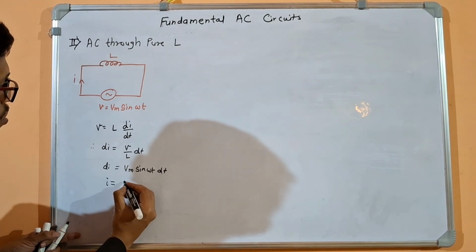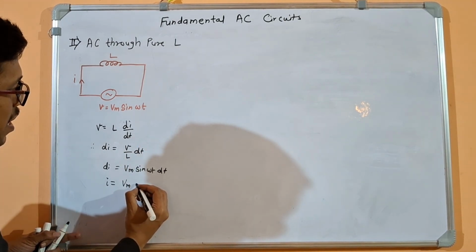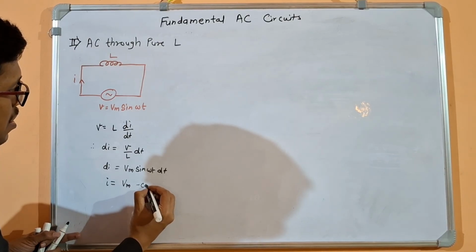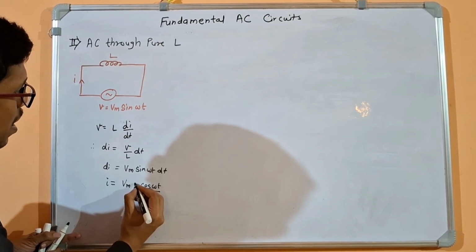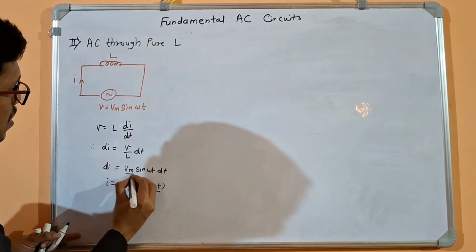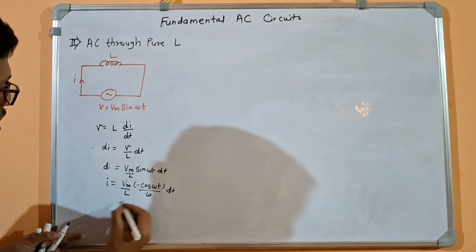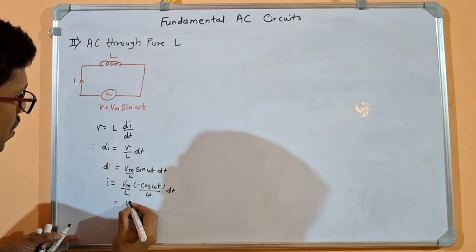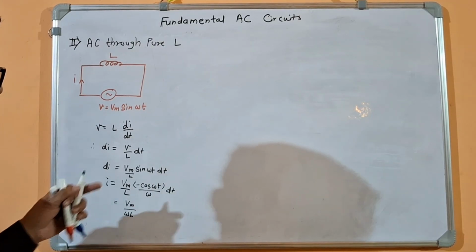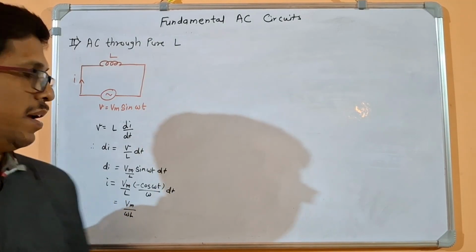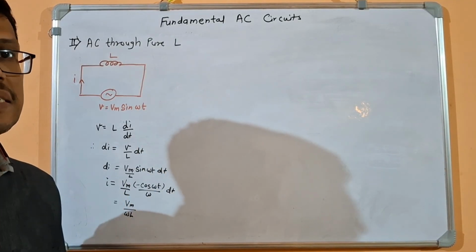Current is equal to Vm is constant, sin omega t चा integration असतं minus cos omega t divided by omega, this L is there, okay, dt, and therefore I will get Vm by omega L. Now we will not keep cos omega t as it is, as our standard form contains sine.